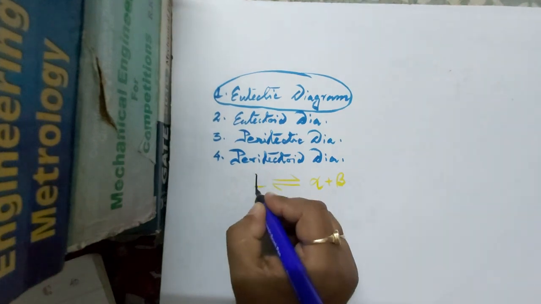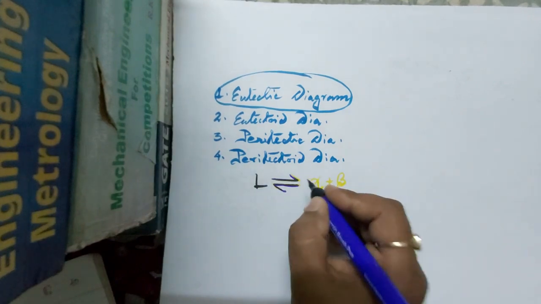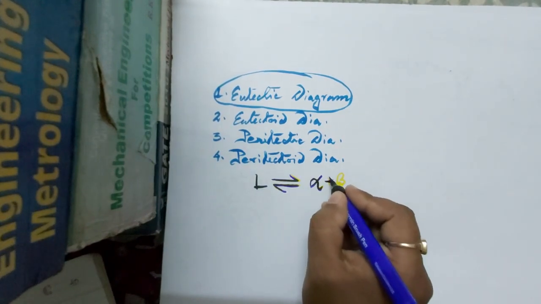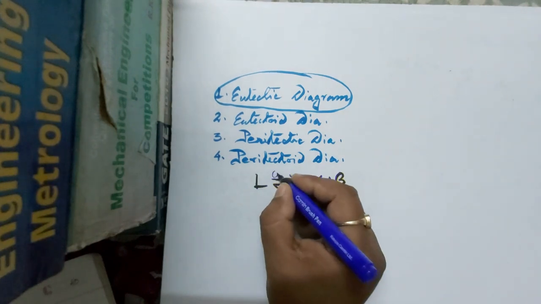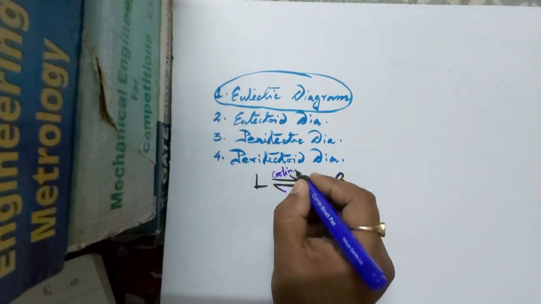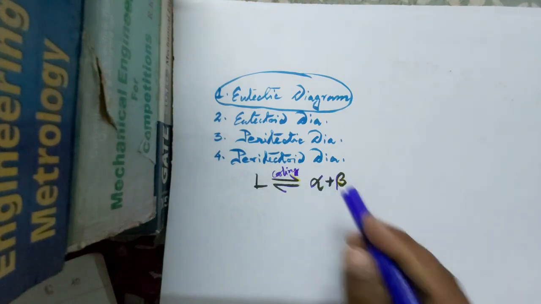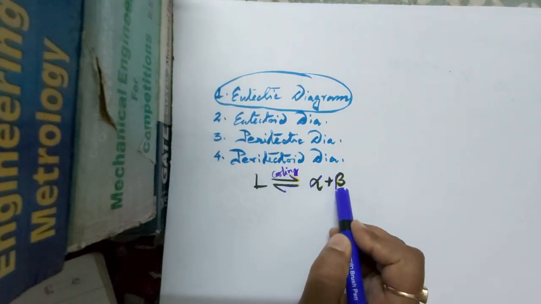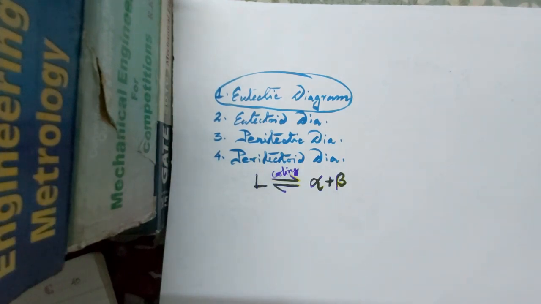So this liquid phase will convert into 2 different solid phases on cooling, or by heating these 2 separate solid phases, we will get one liquid phase.